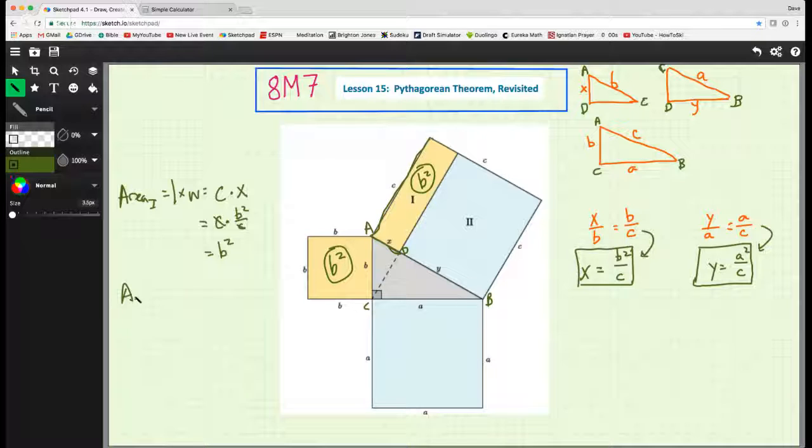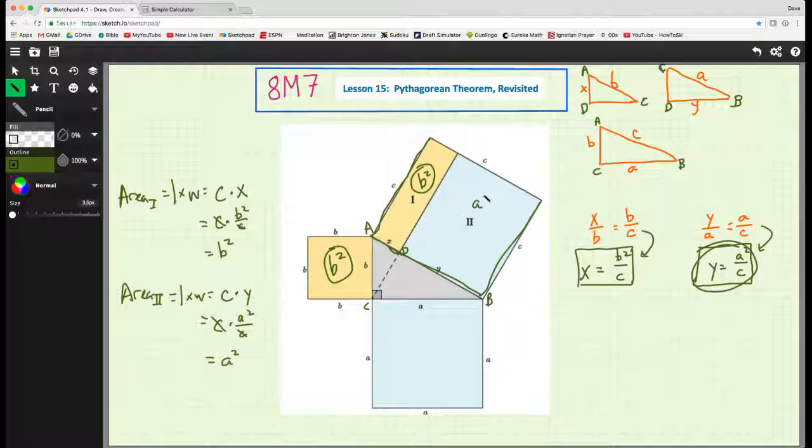The area of 2 is equal to the length times the width, which is equal to C times Y, right? Here's Y, and here's C. So that's equal to C, and if Y is equal to A squared over C, we can do our substitution, and we can cancel our C's, and we get A squared.